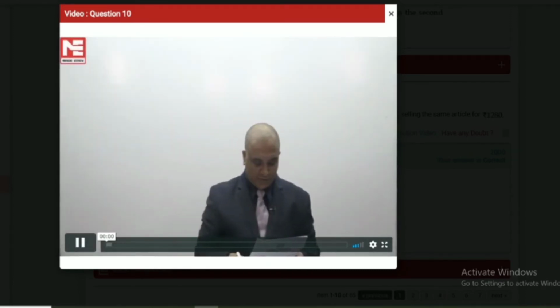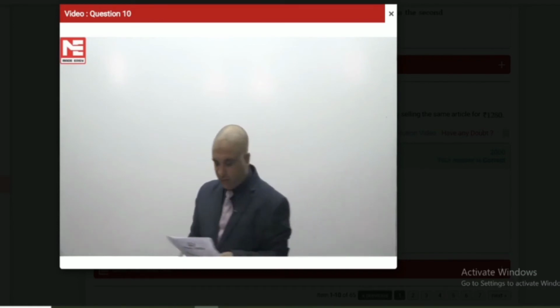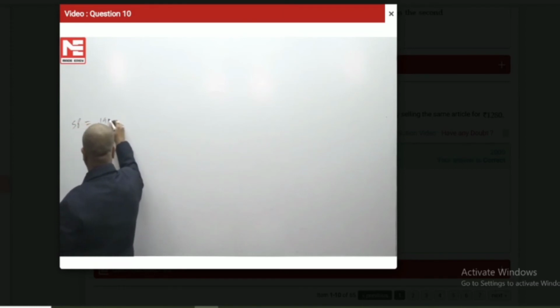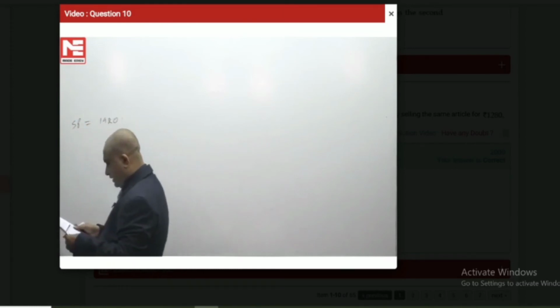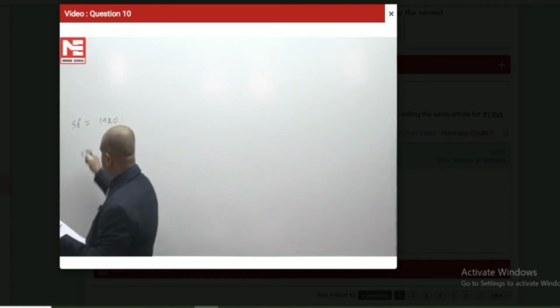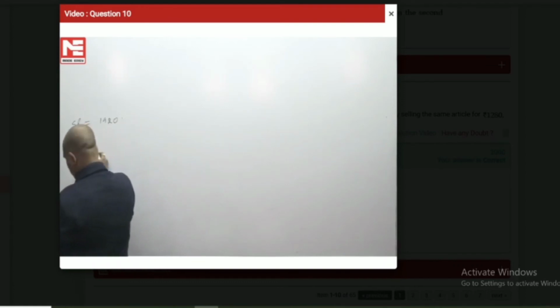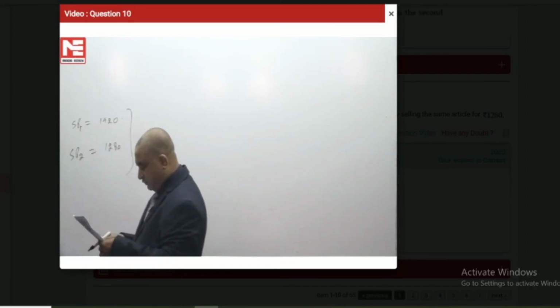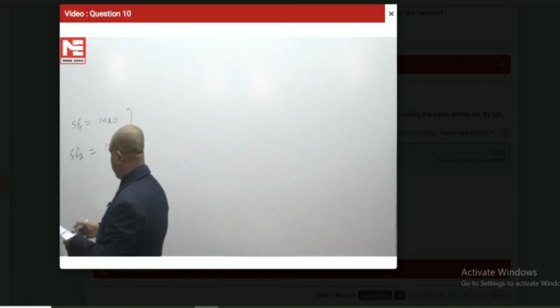The percentage profit earned by selling an article for rupees 920, SP1 is 920, equals the percentage loss incurred by selling the same article for, say SP2, rupees 1280. Now let me take a few variables here, because cost price is not given.